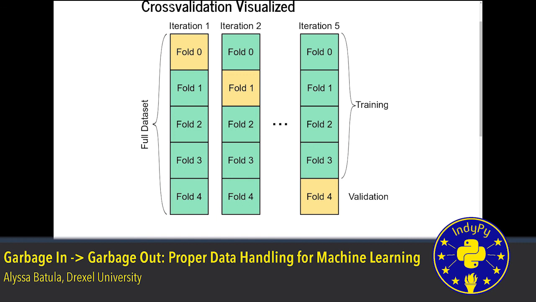You go through using each fold once as validation, and the average accuracy across all of your validation folds is your overall validation accuracy. But now, you've used all of your data in training, you've also used all of your data for validation, and you've never trained on anything that you then use that classifier for as validation.